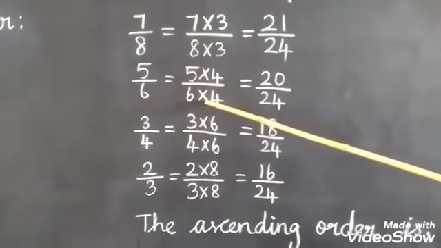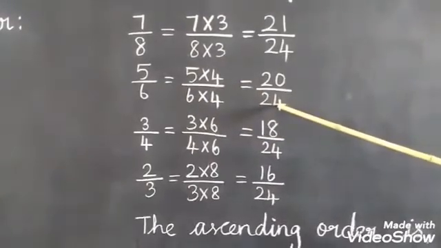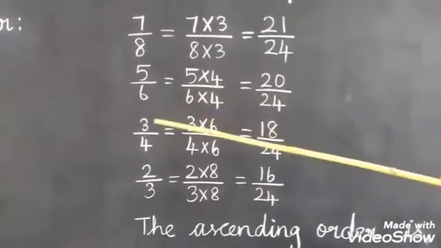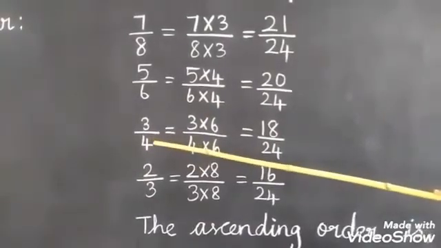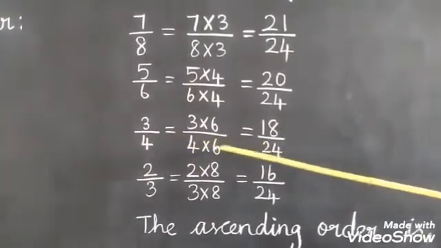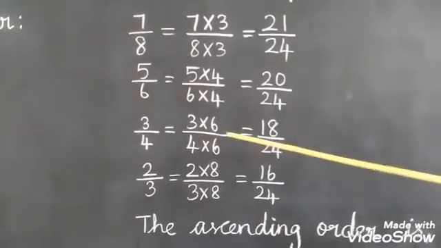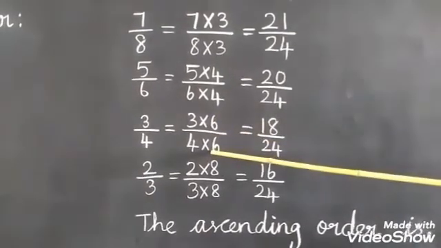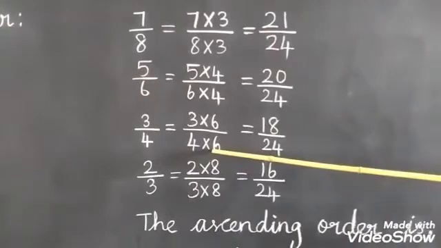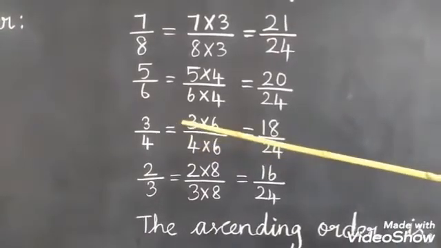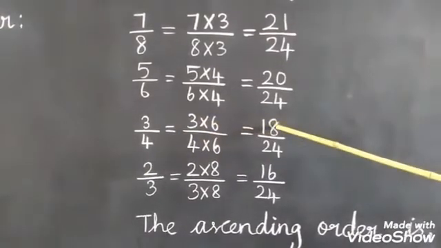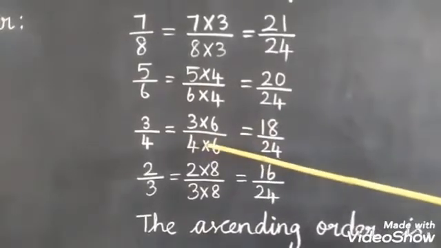Next 3 by 4. For this also we have to change the denominator to 24. So numerator and denominator we have to multiply by the same number, 6. 3 6s are 18. 4 6s are what will come?